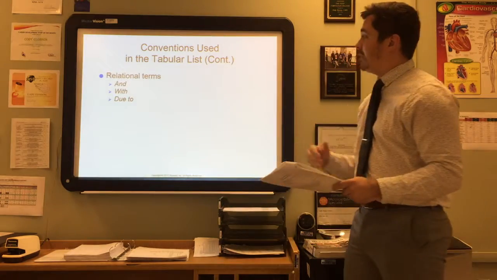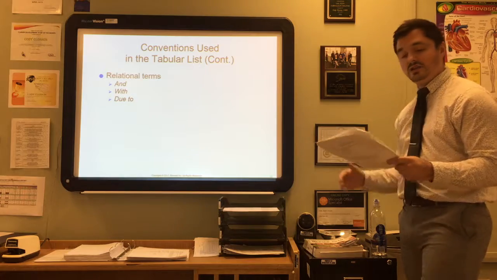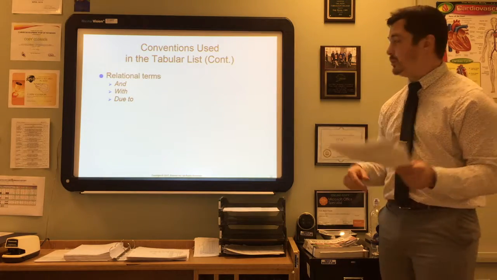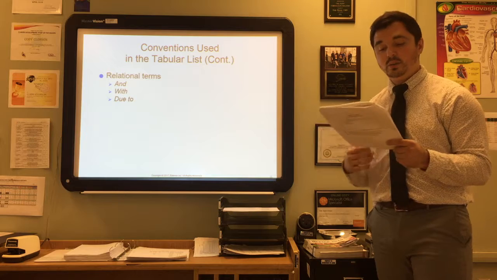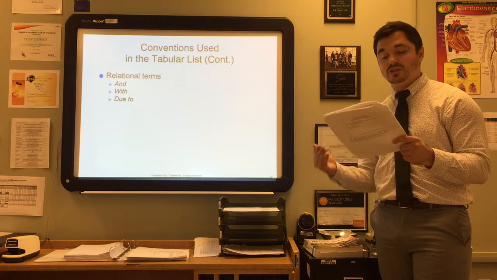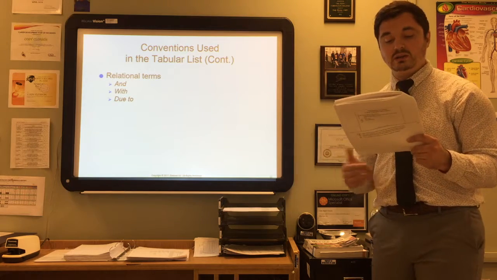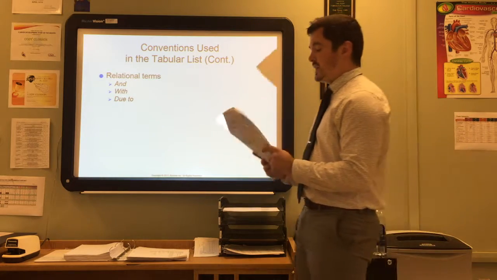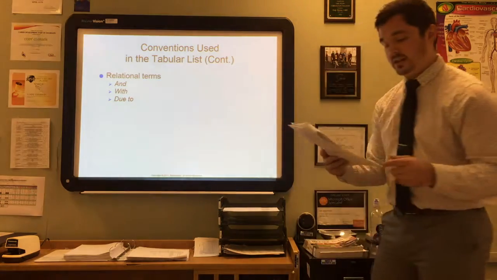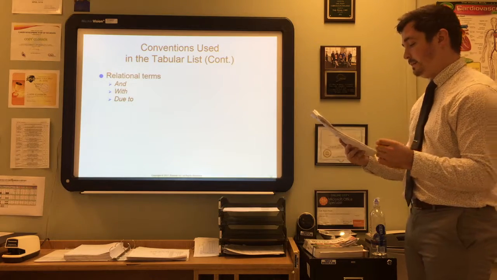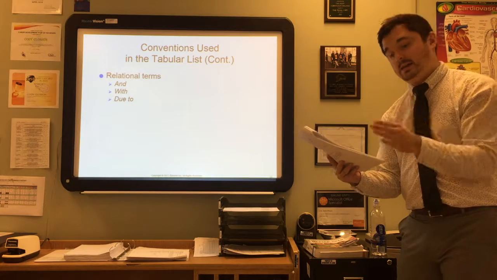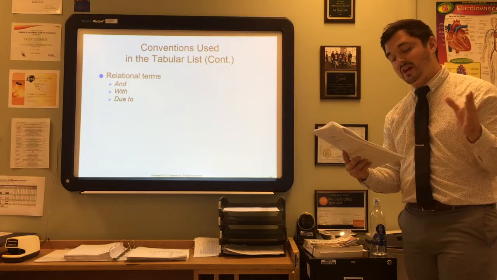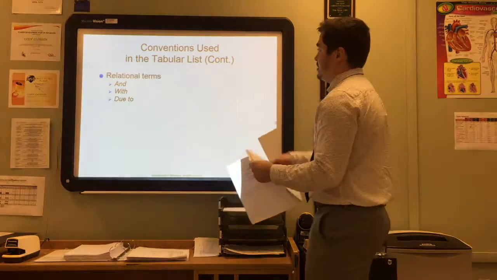You can have relational terms such as and, with, and due to. And should be interpreted as and/or. With should be interpreted as meaning associated with or due to when it appears in the alphabetical index or in an instructional note or code title within the tabular list. And then due to, in both the tabular list and the alphabetical index, the term due to specifies a relationship between two conditions.